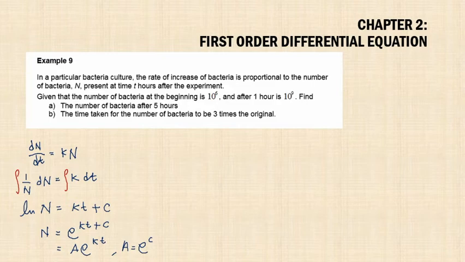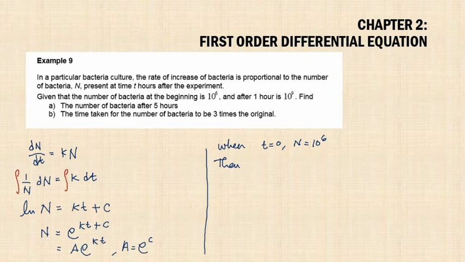In order to complete the equation, we need to find the value of a and the value of k. We take the first value: when t equals 0, n is 10 power of 6.